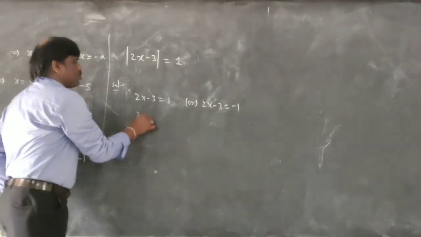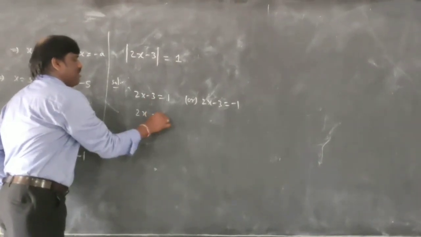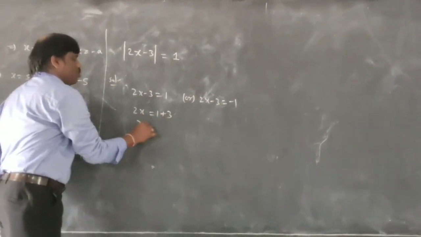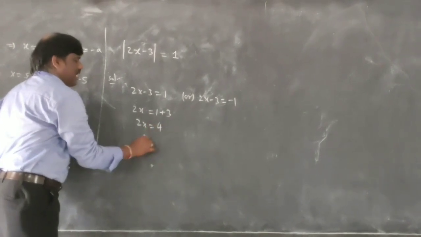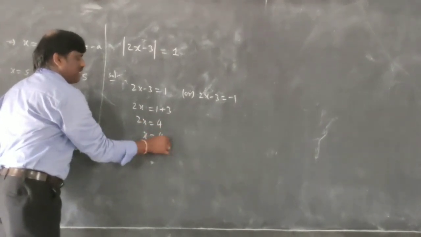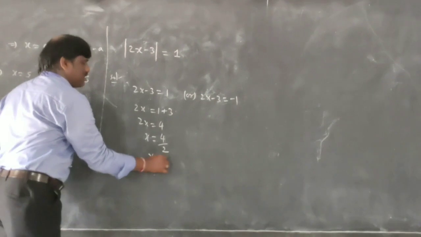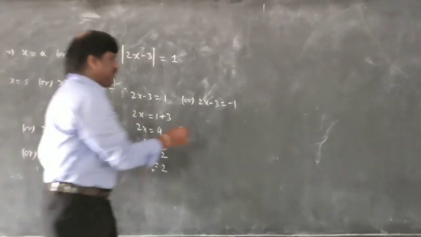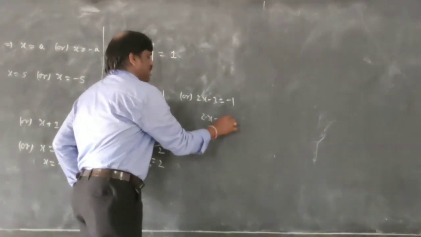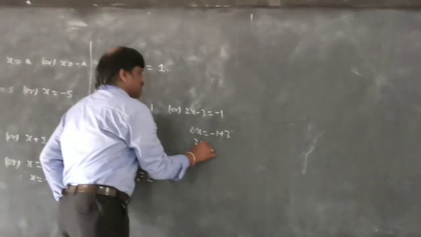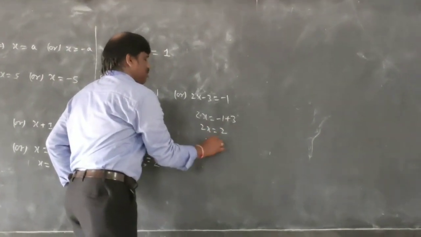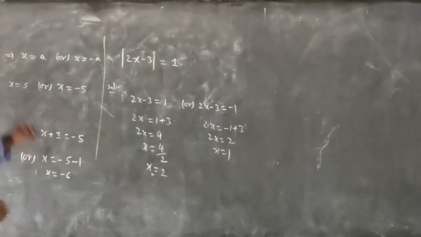Therefore, 2x is equal to 1 plus 3, that is 2x is equal to 4, so x is equal to 4 upon 2, x is equal to 2. And if 2x is equal to minus 1 plus 3, 2x is equal to 2, x is equal to 1. That is the solution set.